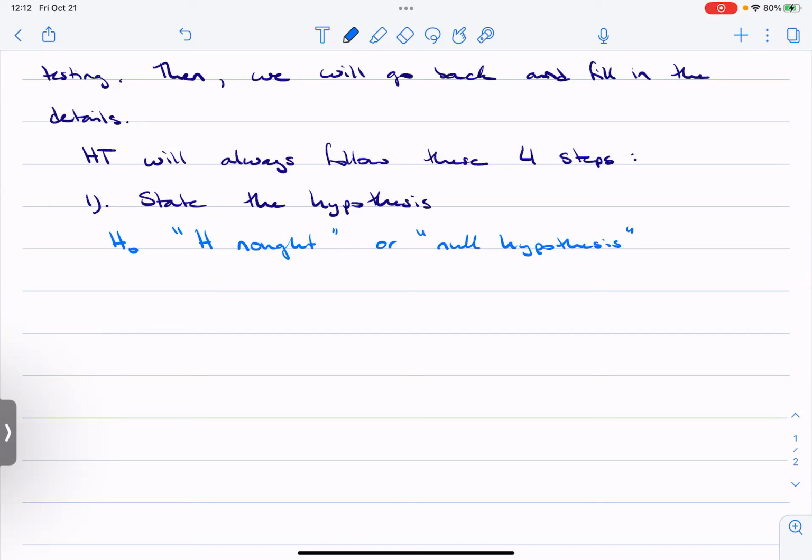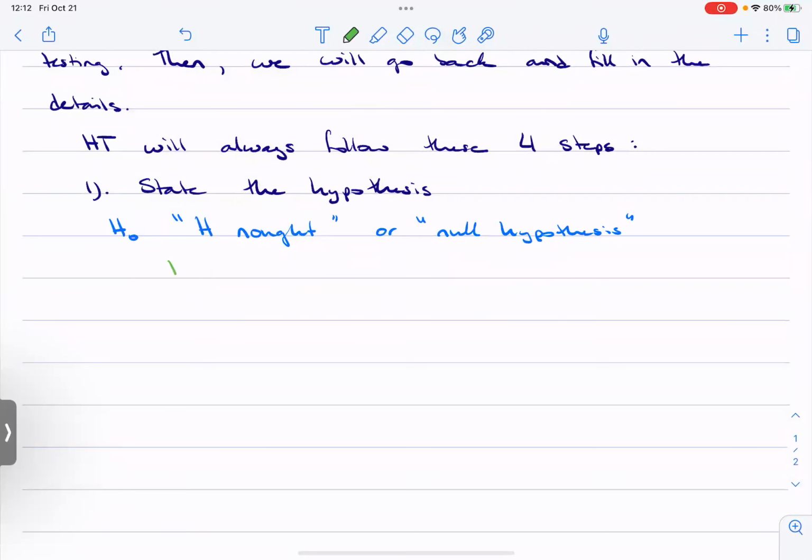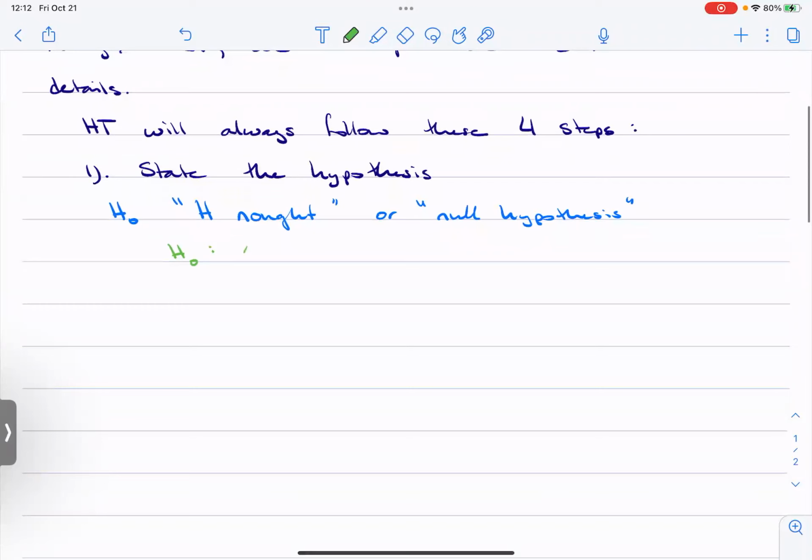That's my alternative. But your null hypothesis is a statement, so you're going to use a colon here. So here is my null hypothesis. It's not an equal sign, it's a colon. It's a statement of no change.